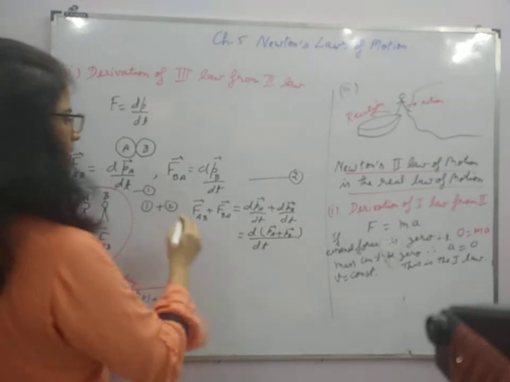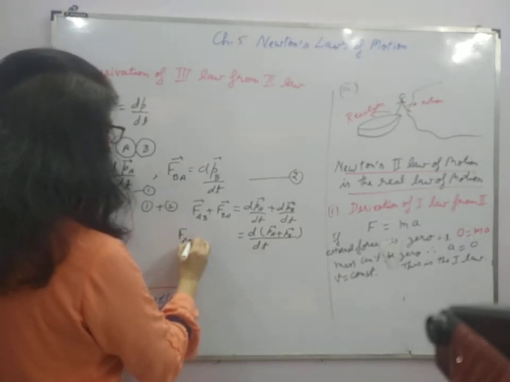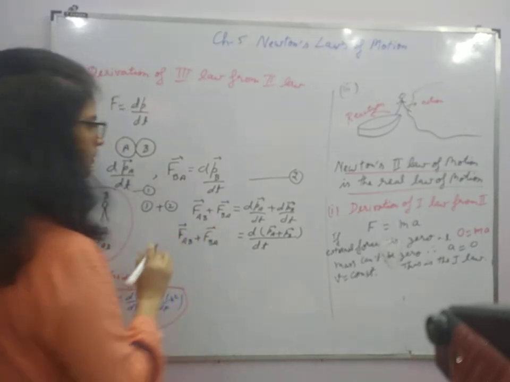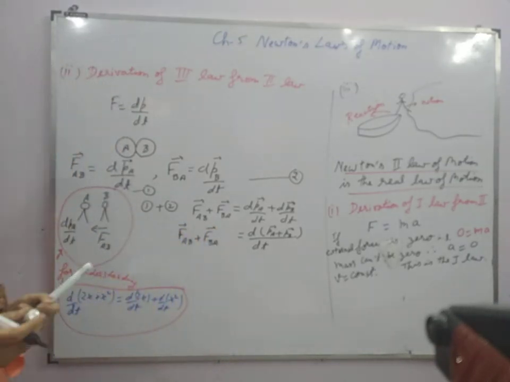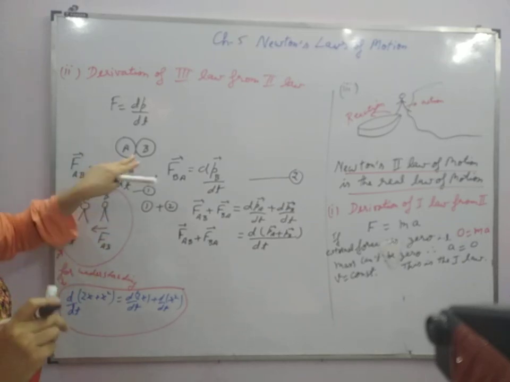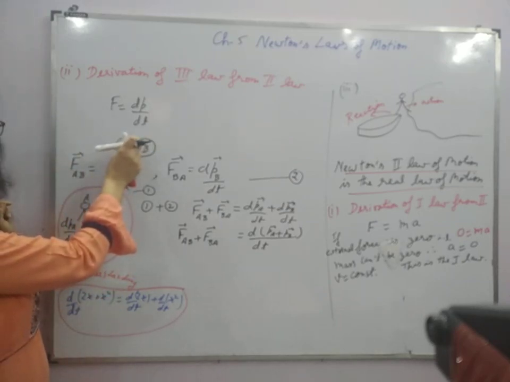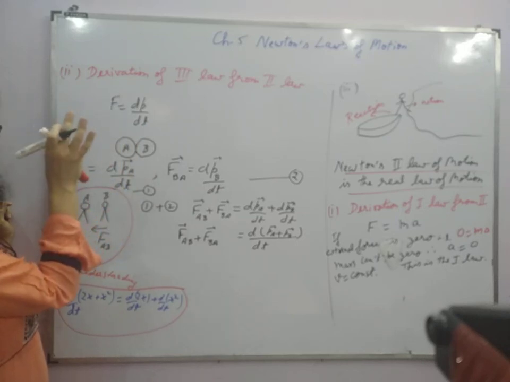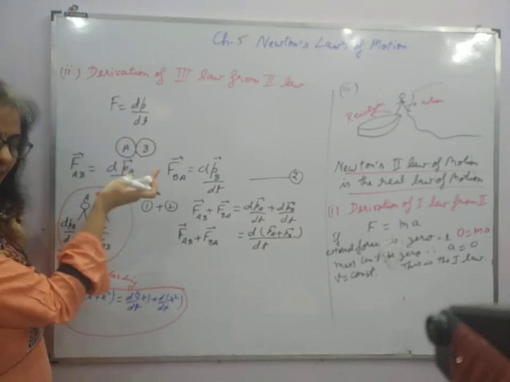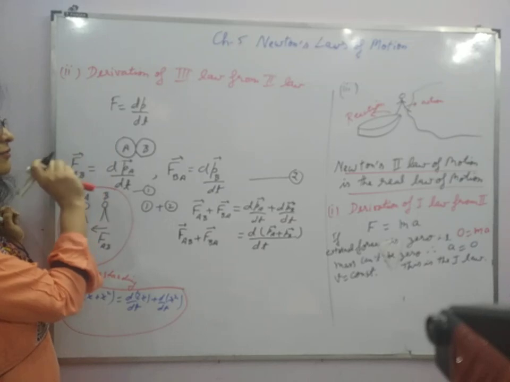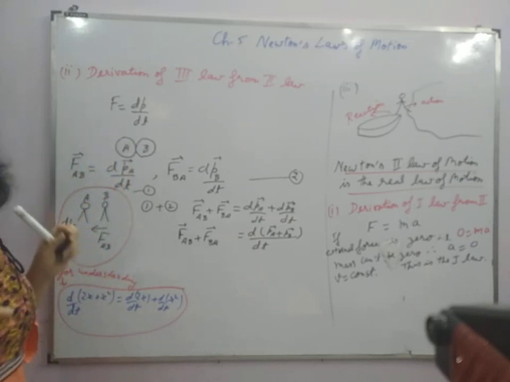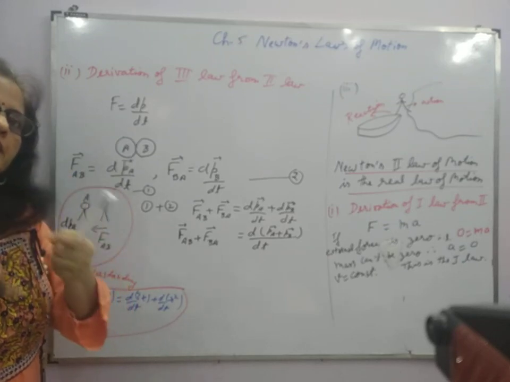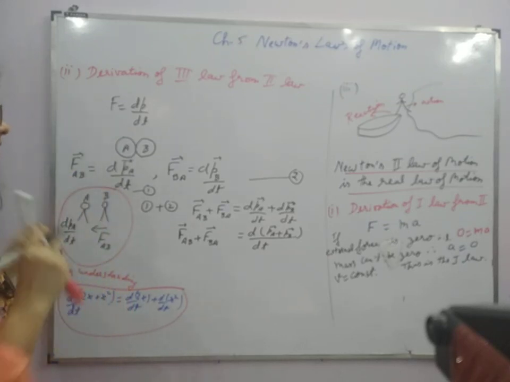Now this is FAB plus FBA, right? Now we know if there is a system of two bodies, if the net external force on these two bodies is zero, then there will be no change in momentum. And we can state this statement in the inverse manner like this.